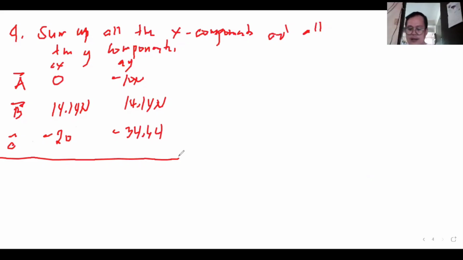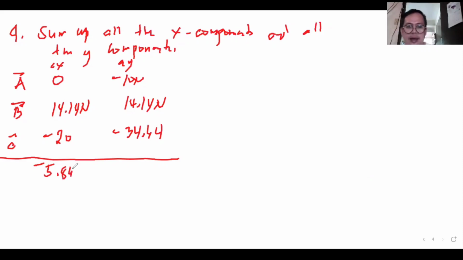So, ano obrahan natin? Iwanan natin. Isolbon natin rin ang atin nga 14.14, okay, plus negative 20 and your answer is negative 5.86.